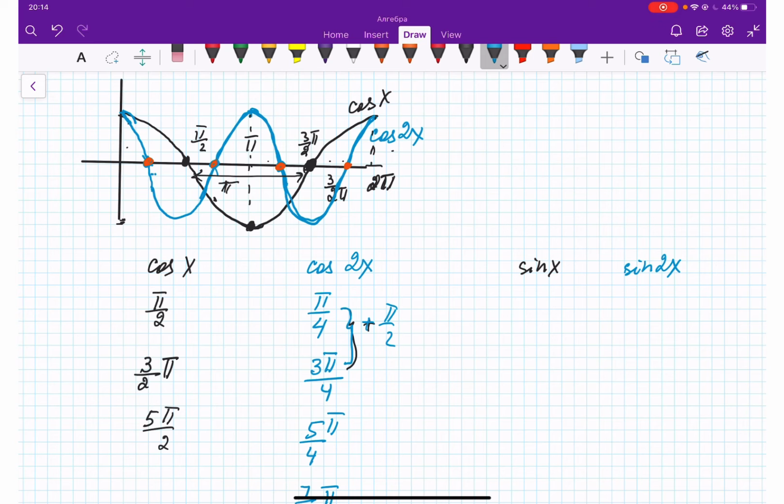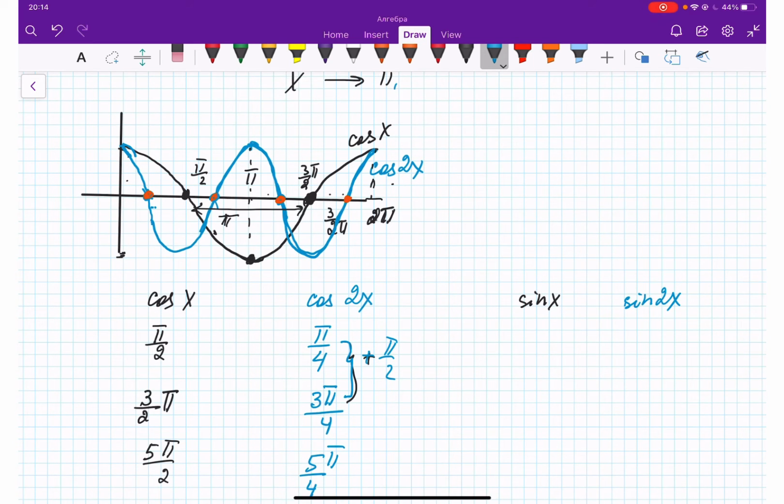Okay, let's build this graph here. All right, 1, 2, 3, 4, 5.